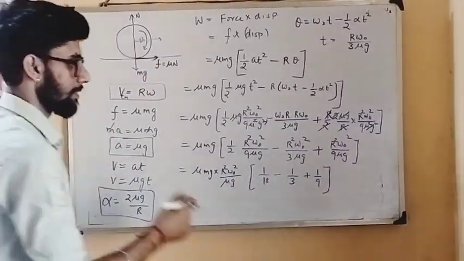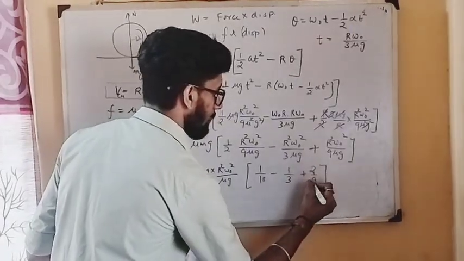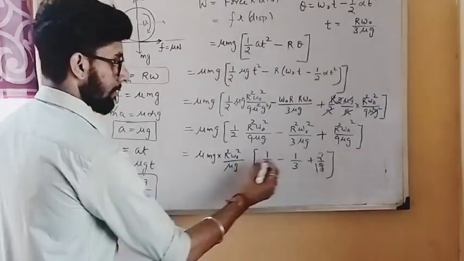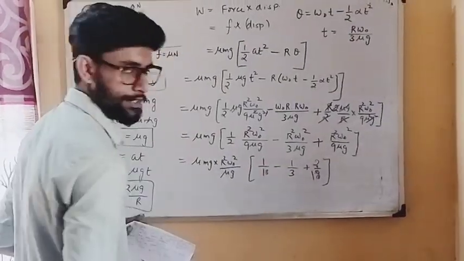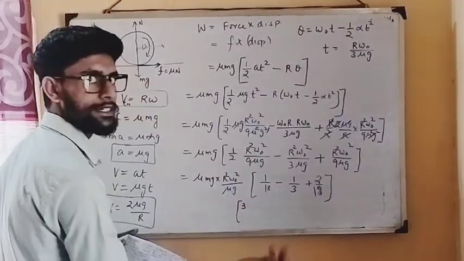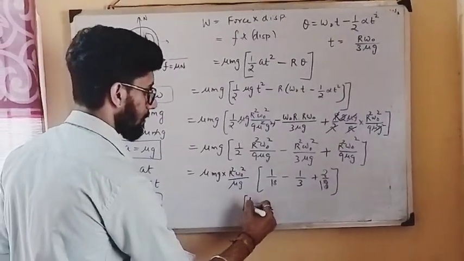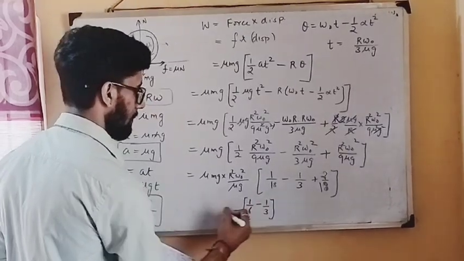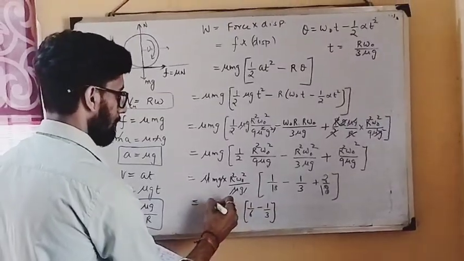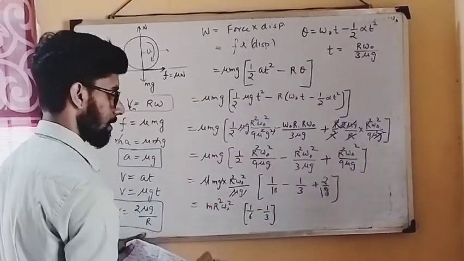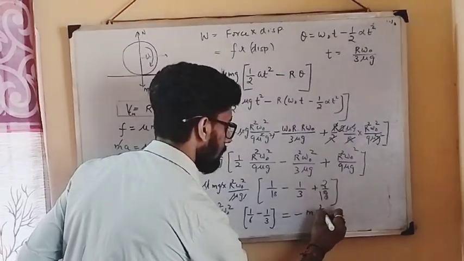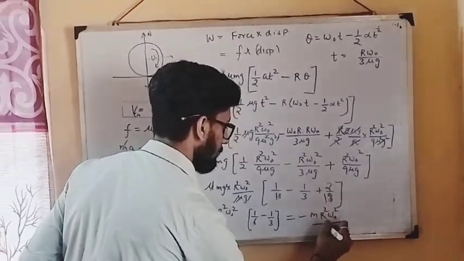If we try to solve it, we can use 2 by 18 and 2 by 18, 1 by 18, that will be equal to 3 by 18. 3 by 18 minus 1 by 3, that can be written as 1 by 6. 1 by 6 minus 1 by 3. Over here, the mu g part is omitted. We will get m r square omega naught square, and if we further solve it, we will get minus m r square omega naught square upon 6.